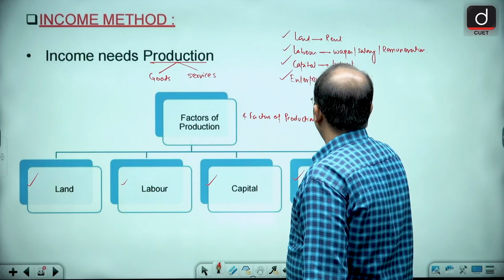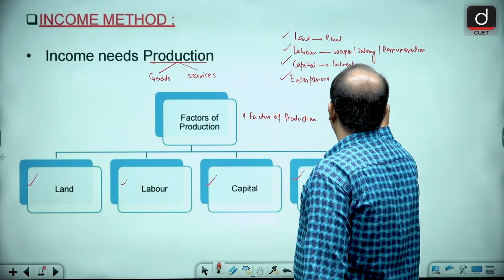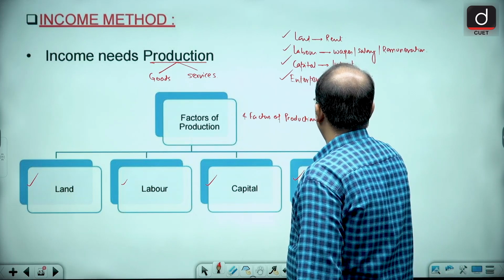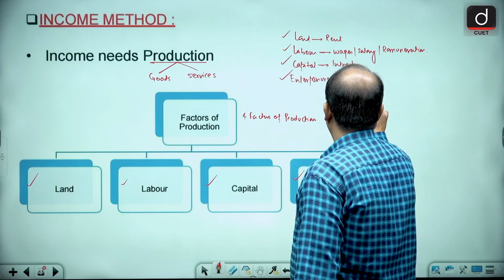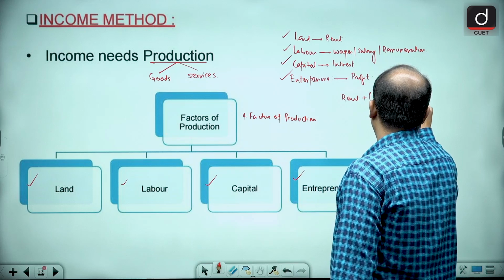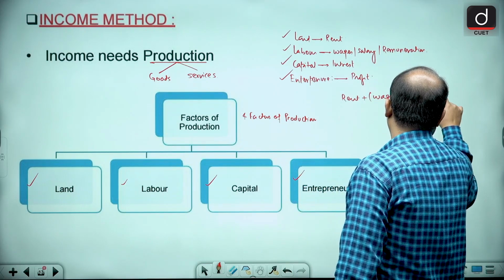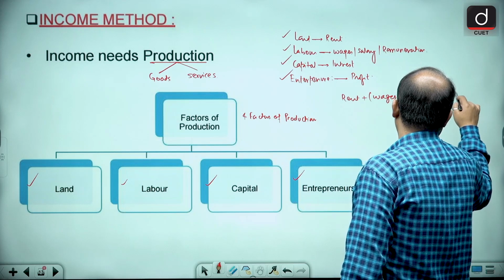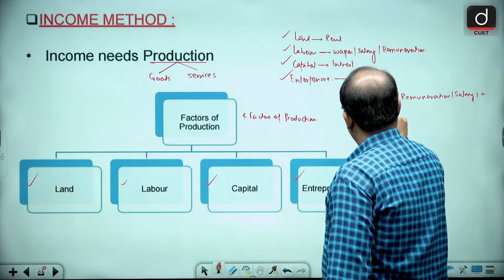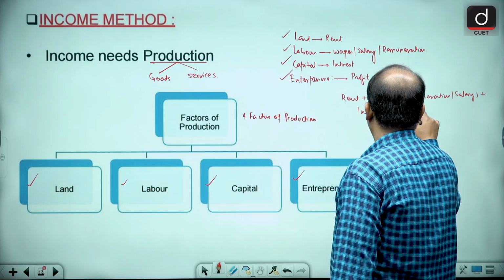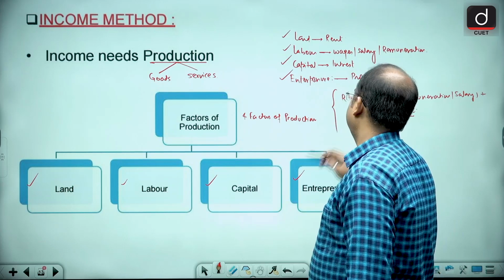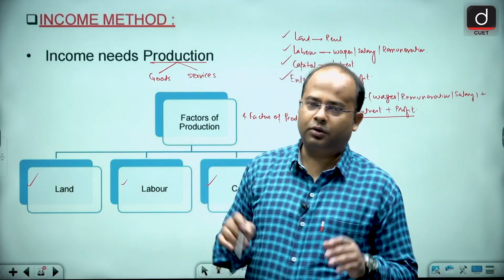So to calculate national income, you have to add rent plus wages, remuneration and salary, plus interest, plus profit, to get the national income. I hope it is clear. Just add these four components.